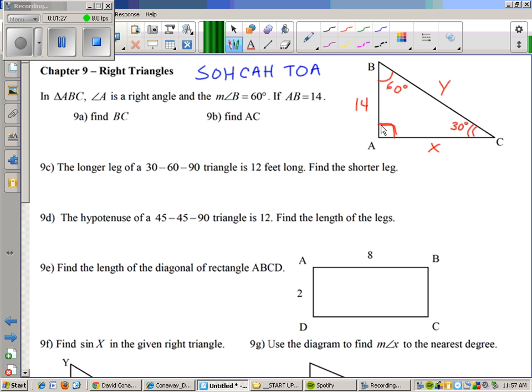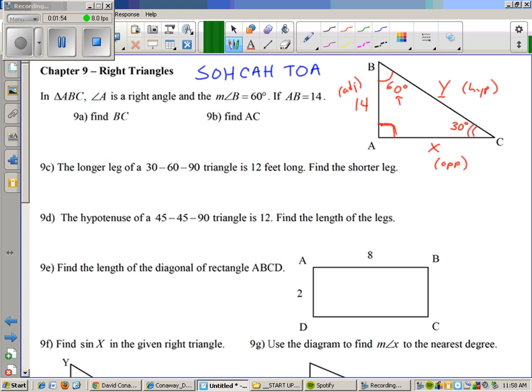Finding BC. BC is our y value here. If I'm using the 60 degrees that they gave us, then y is going to be the hypotenuse, x is going to be the opposite, and 14 is going to be the adjacent side.